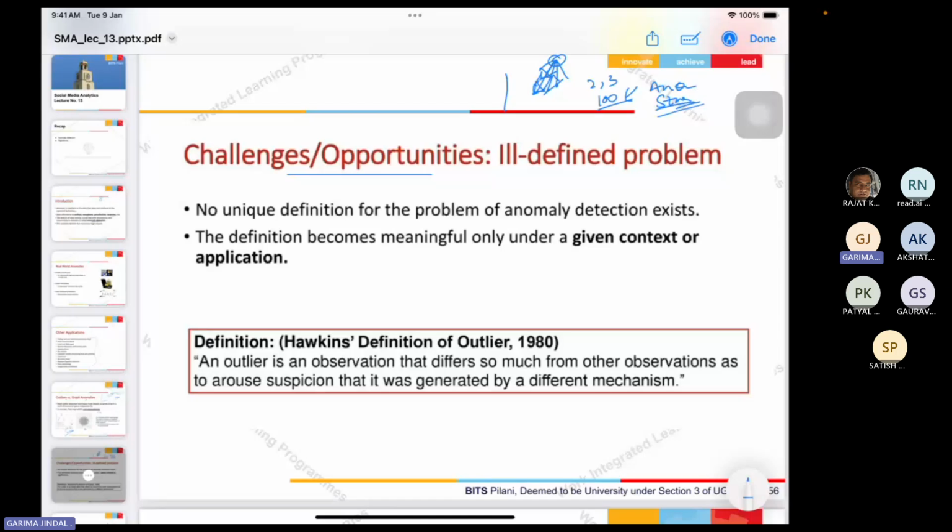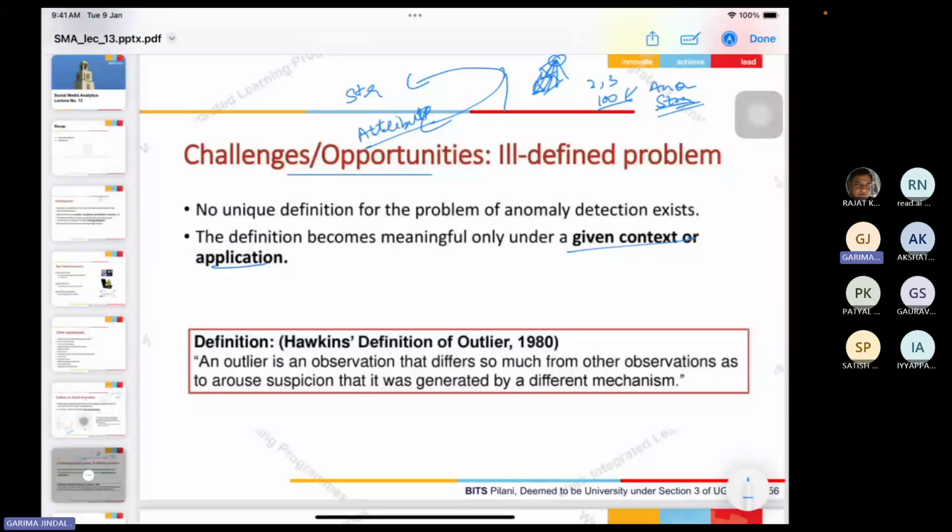So whether we are going to identify the anomaly based on some structural property, or based on the attributes, all of this depends on the given context and application. This is a very important slide, which tells us that there is no unique definition of anomaly detection.